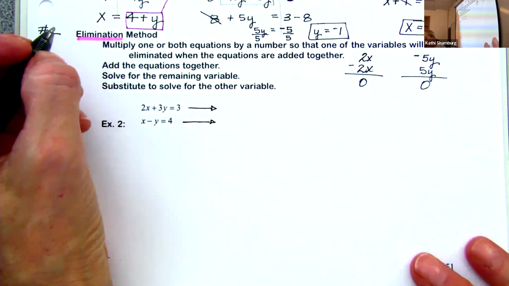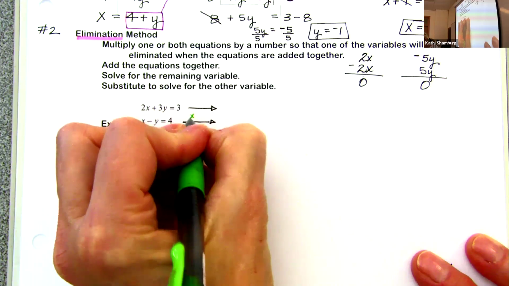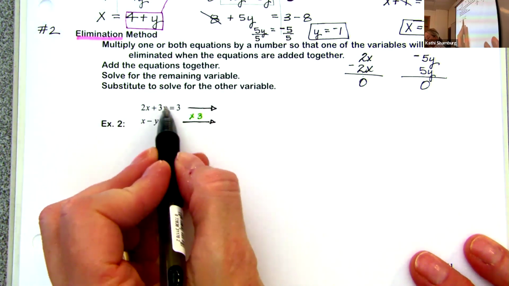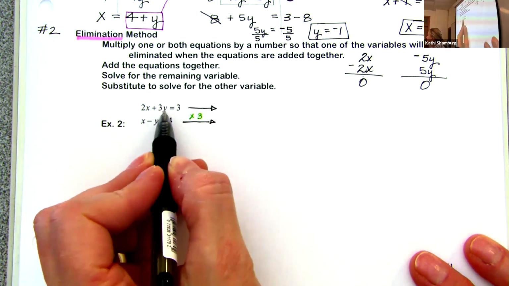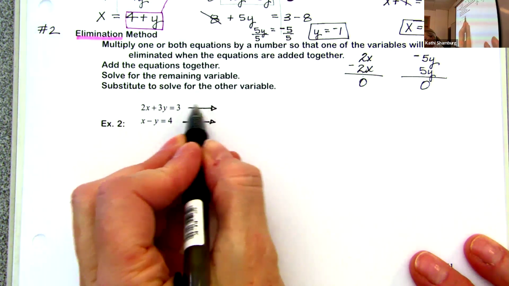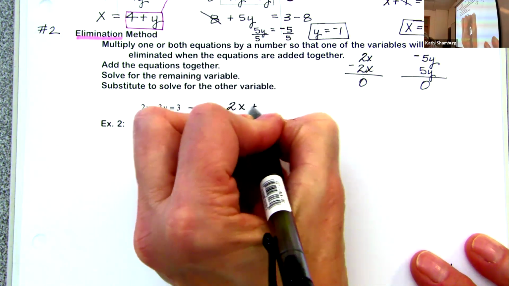All right, so what that means is I am going to multiply the second equation by 3. Now, since my first equation already has this positive 3y, I don't have to do anything to the first equation, so I'm just going to rewrite it over here.